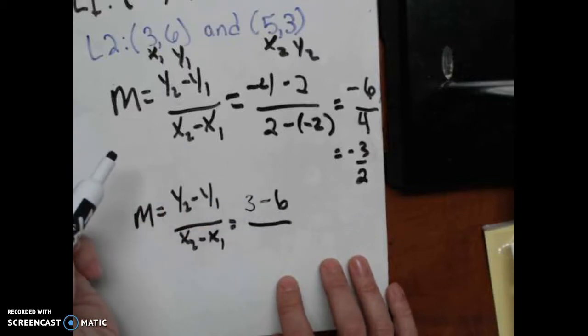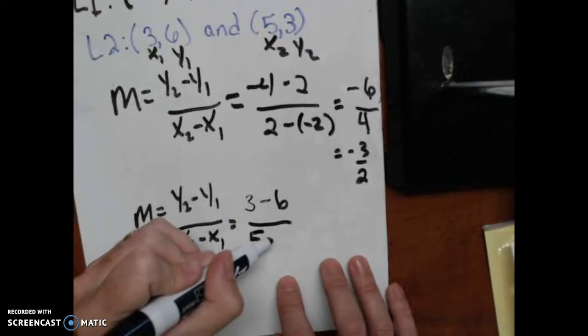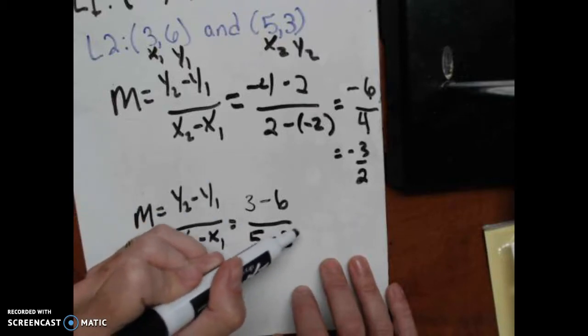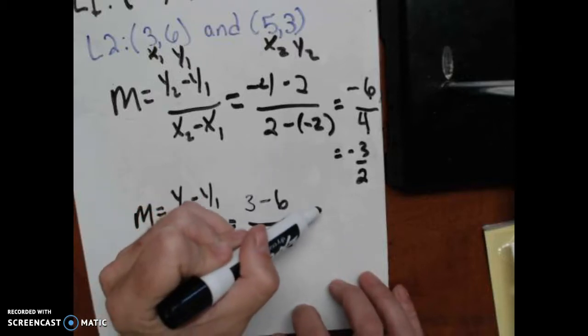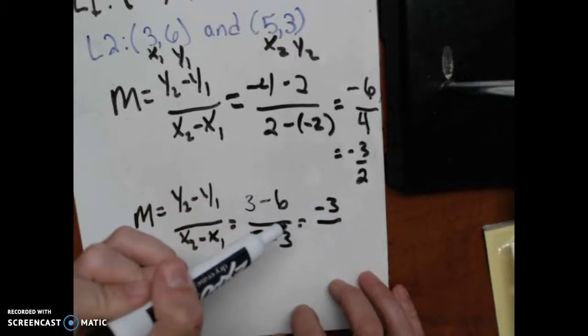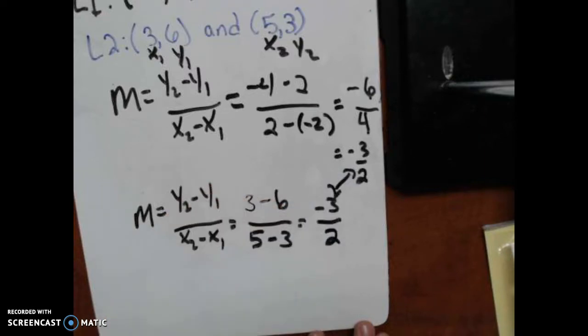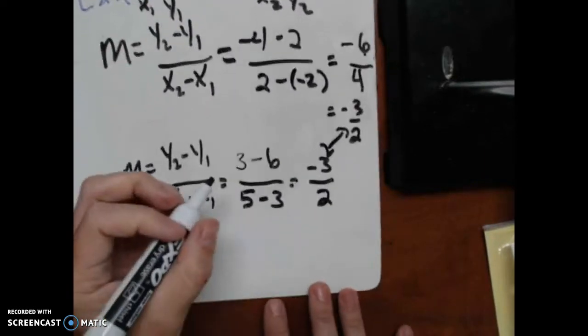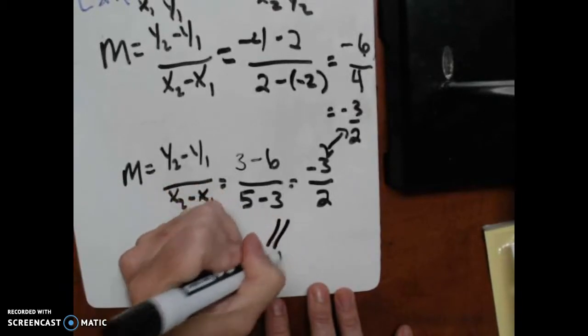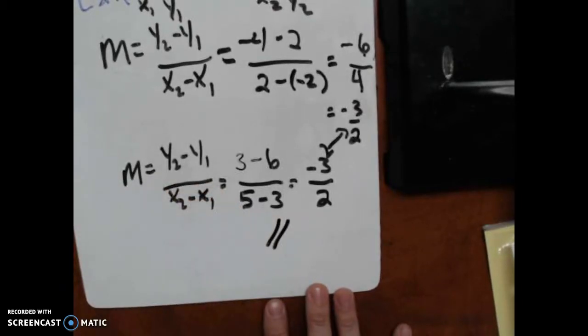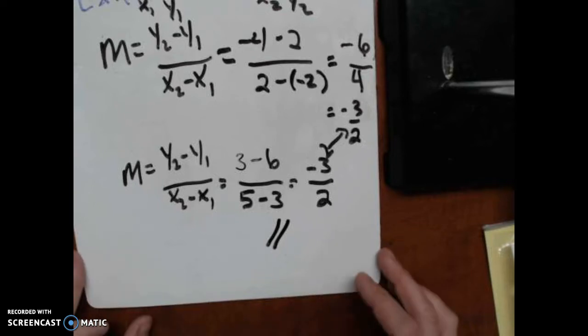And then on the bottom, we're going to have x2, which is 5, minus x1, which is 3. 3 minus 6 is -3. 5 minus 3 is 2. And we see that their slopes match, and that means that those two lines that go through those dots are parallel.